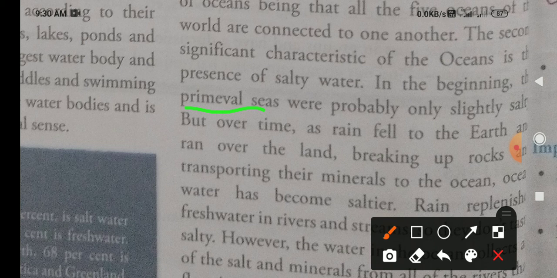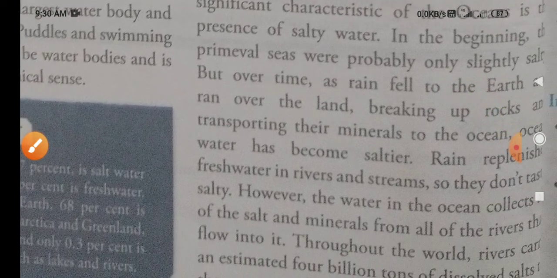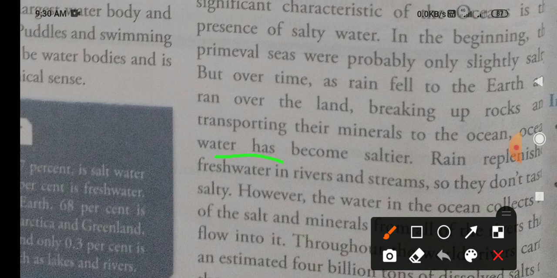But as billions and billions of years have passed since the earth was created, rain has fallen on the ground, broken the rocks and washed away the mineral contents. All the mineral contents have got stored in the ocean water, and now it has become saltier. You can see that the water of the sea and ocean has become more salty.